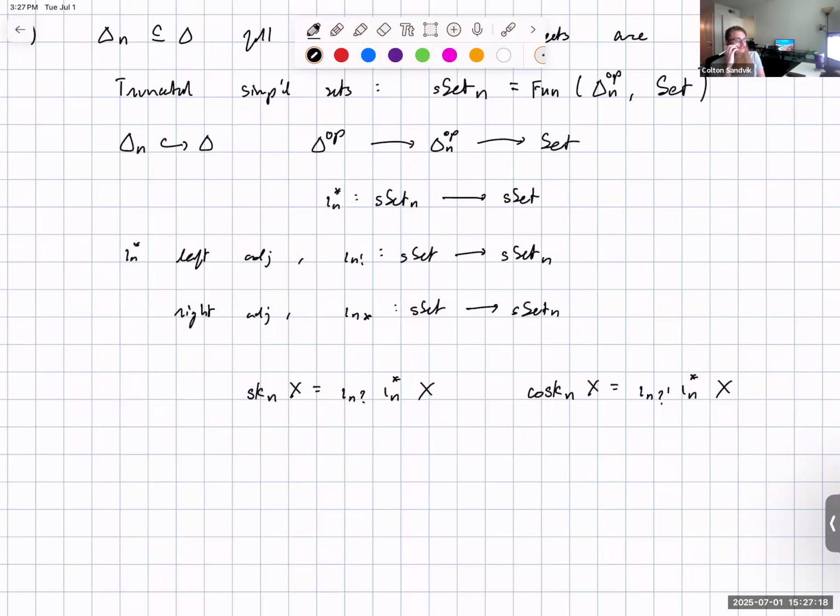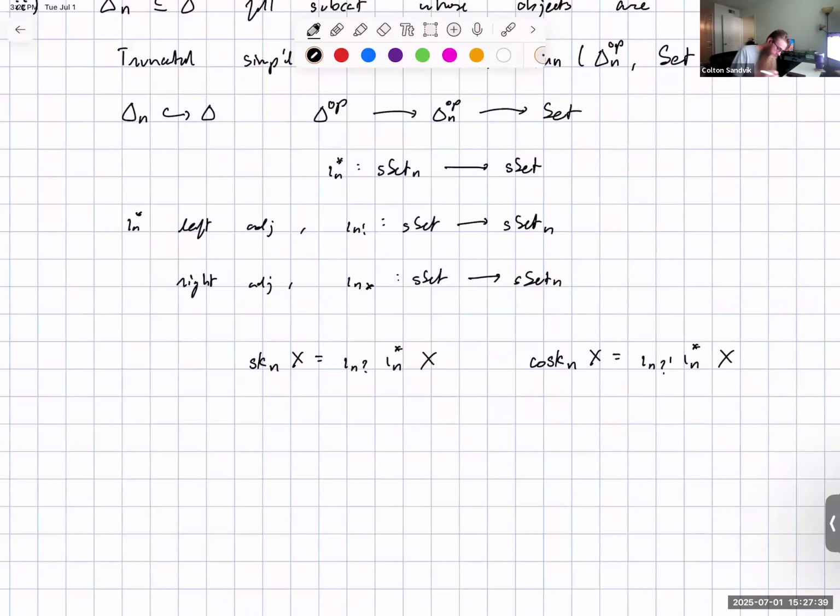This is the same idea, the restriction followed by a proper push forward of sheaves or something, maybe with some caveats. But I won't say too much more about this other than that I said these adjoints exist. I think that's kind of a loaded thing.